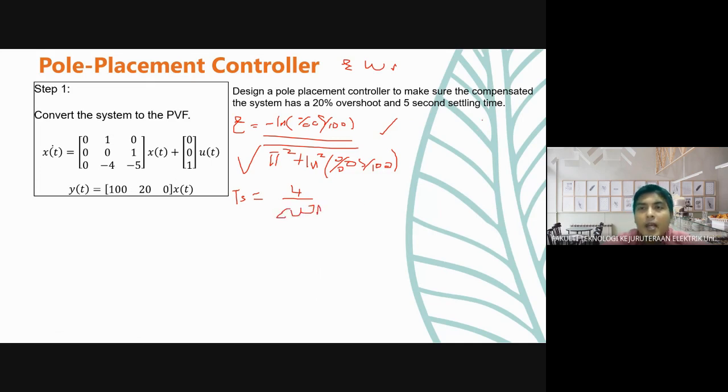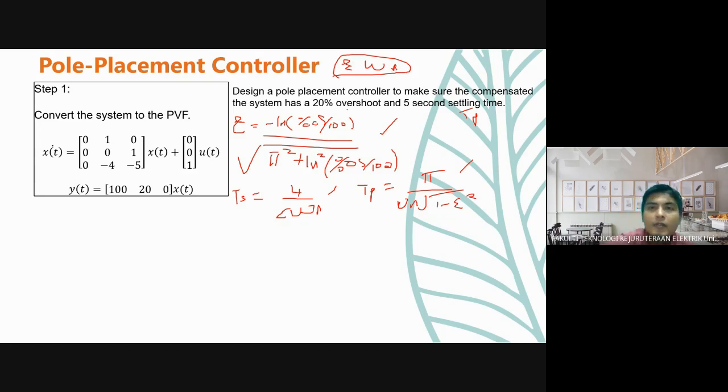Somehow or sometimes the question gives you the peak time formula. So you must know the peak time formula too. This is the formula for the peak time. So in order for you to calculate the zeta and omega n, you must know these three formulas.